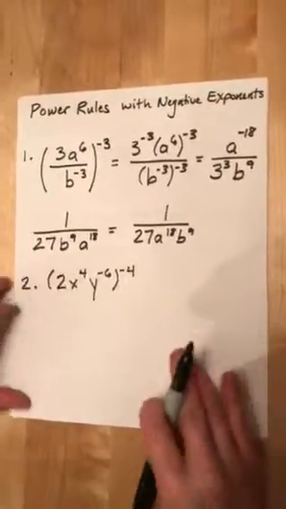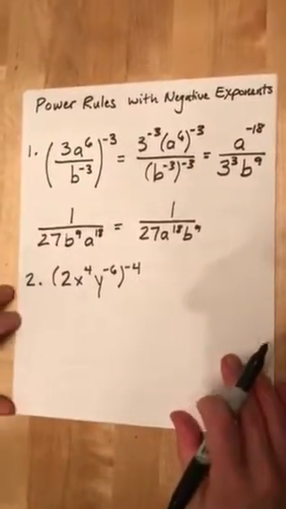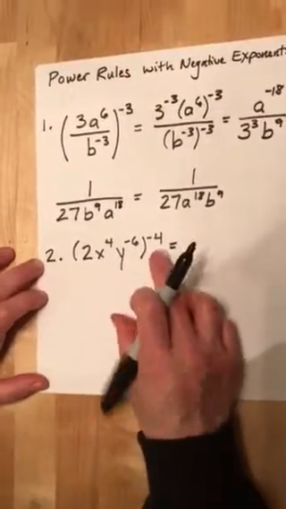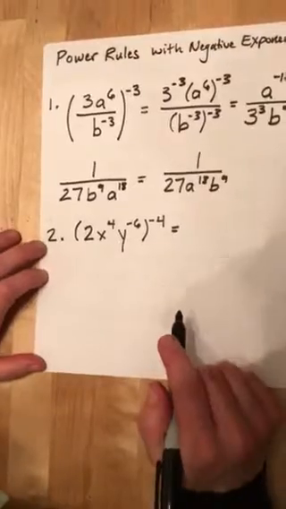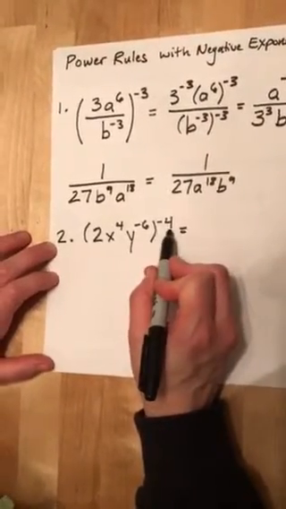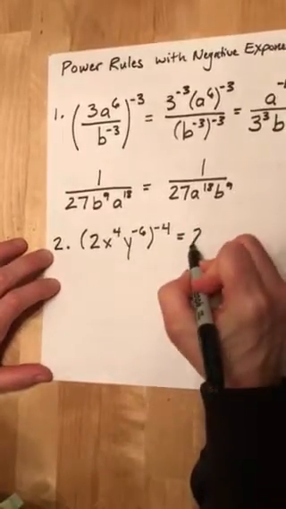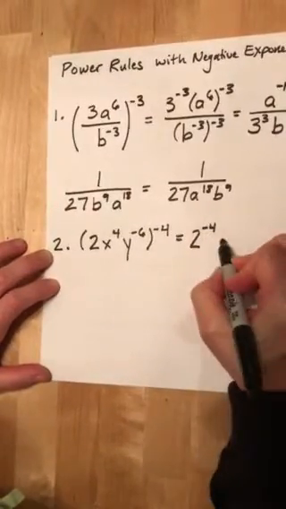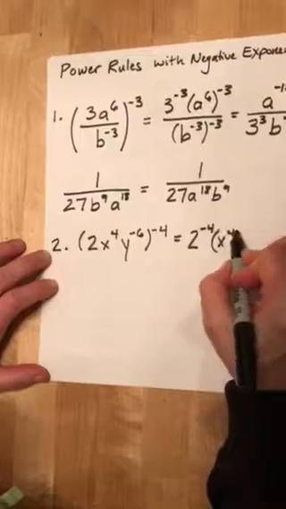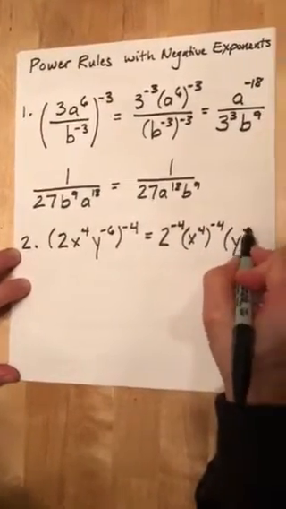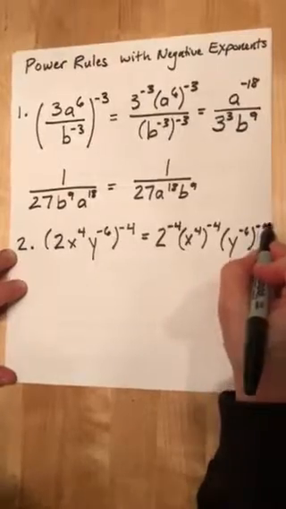Okay, our second example might be a little bit easier. This is a product being raised to the negative 4 power. And so again, we're going to apply that negative 4 on the outside to each of the inside parts. So 2 to the negative 4, x to the 4th to the negative 4, and y to the negative 6 raised to the negative 4 power.